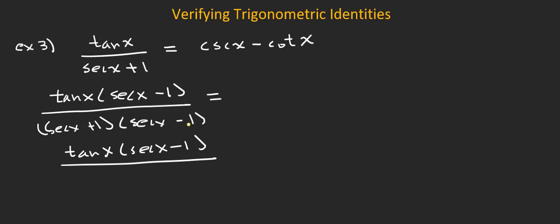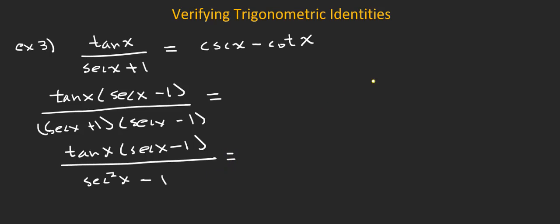When you FOIL this out, you're going to get secant square x minus 1. Again, the middle terms will cancel out when you multiply this out. Now, what is secant square x minus 1? Well, that's tangent square x using Pythagorean identity.